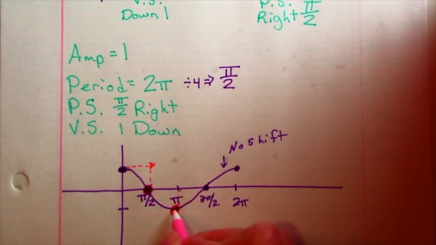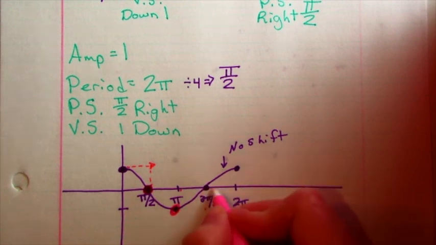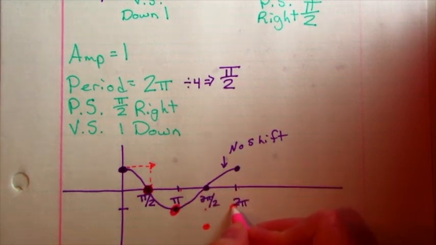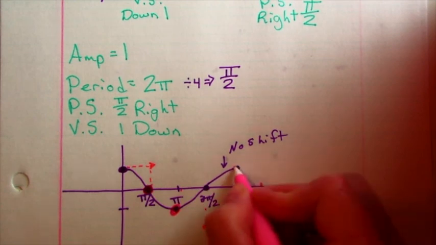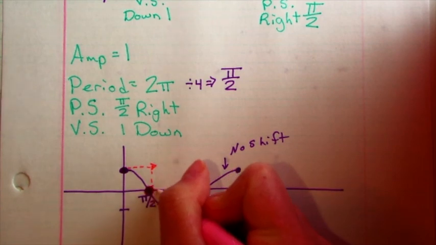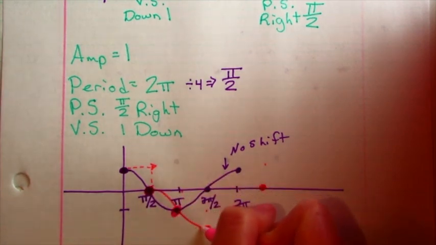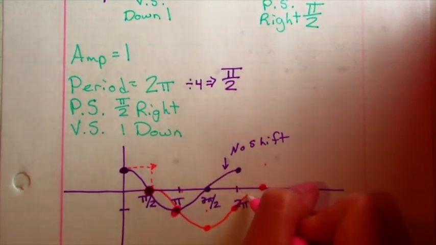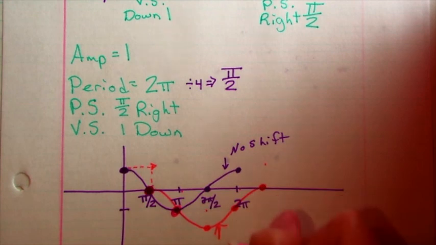We need to move this one right and down, which will put it down here. This one right and down. And then we'll have to add another point in. This one will be right and down. So our shifted graph will be here in pink. And that's the one we were going for, that pink version, not the purple version.